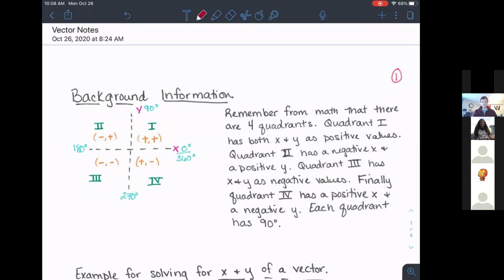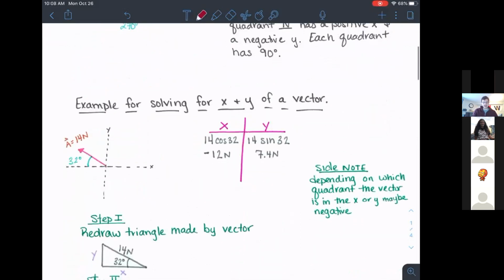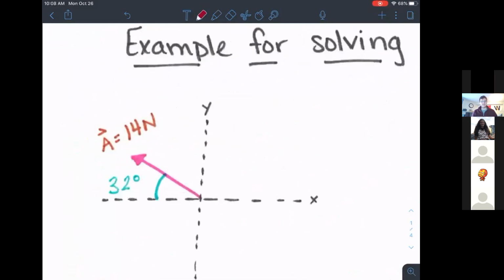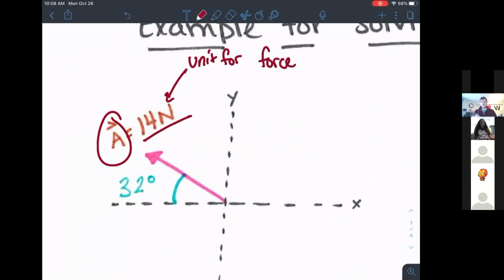Our vectors are going to be drawn on our graph just like this one over here. We would draw it as an arrow showing that vector A right here has a magnitude of 14 newtons. Newtons is a unit for force, which we'll quantify later when we get further into forces next week.